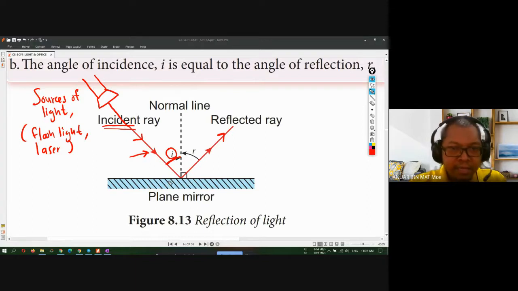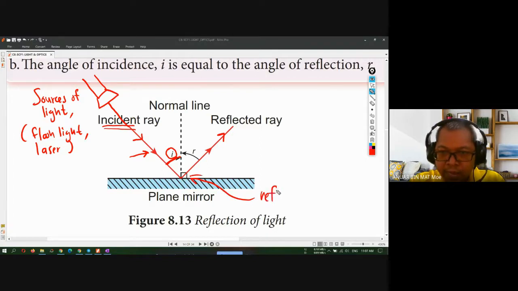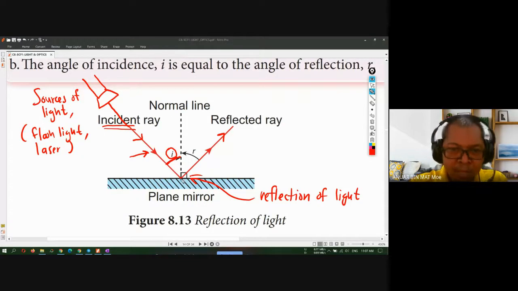When the light hits the surface of the plane mirror, it will be reflected. This is where the reflection of light takes place, at the surface of the plane mirror. It will bounce off the surface and become the reflected ray.